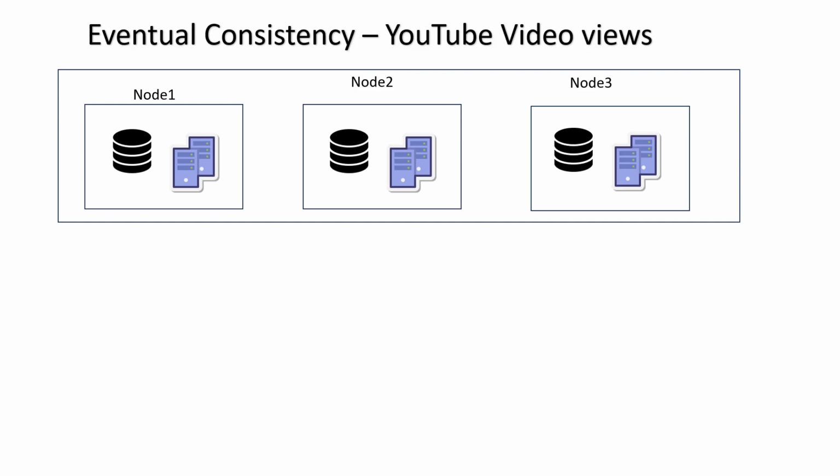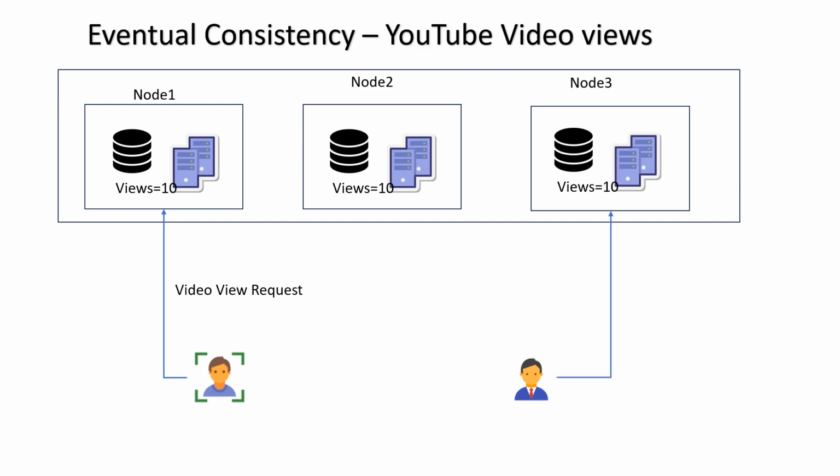So now, for example, we have three nodes which are storing the views of a particular video. At the moment, all the nodes have the same value of views, and the reads are happening from the client, who are sending video view requests and getting the view count for those videos.